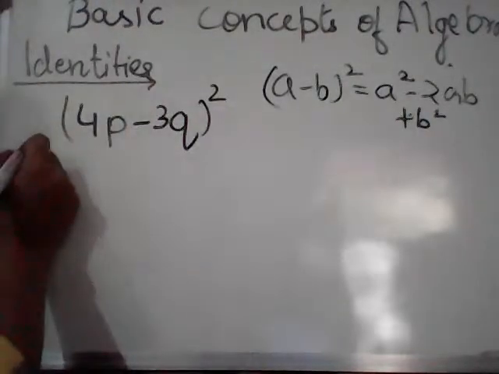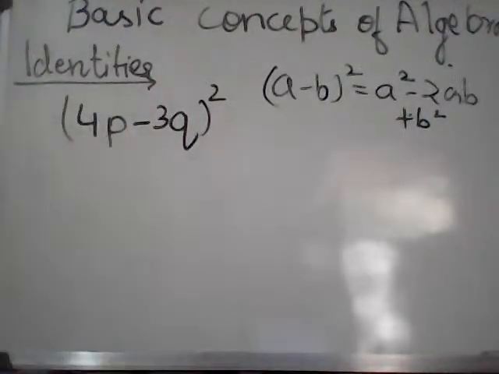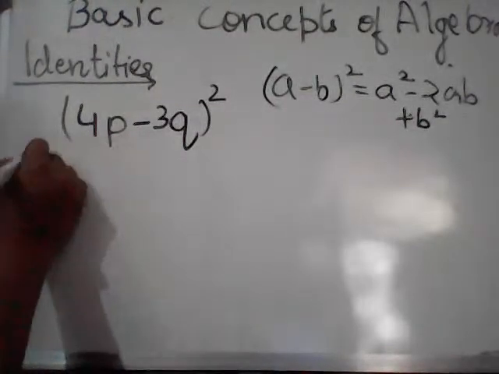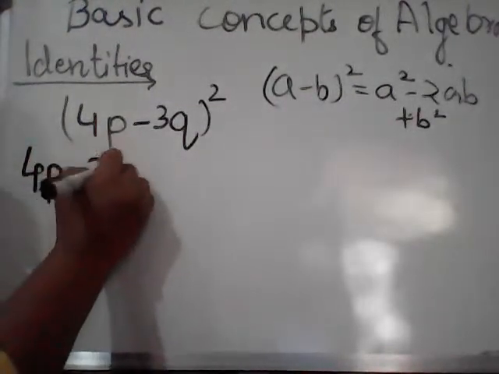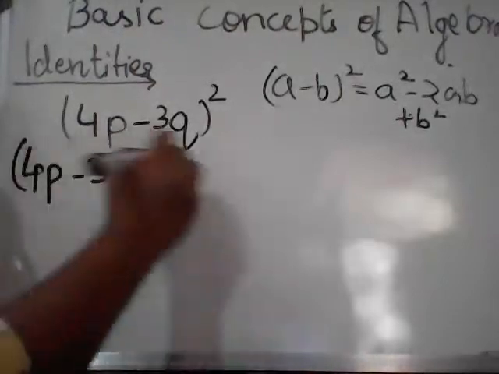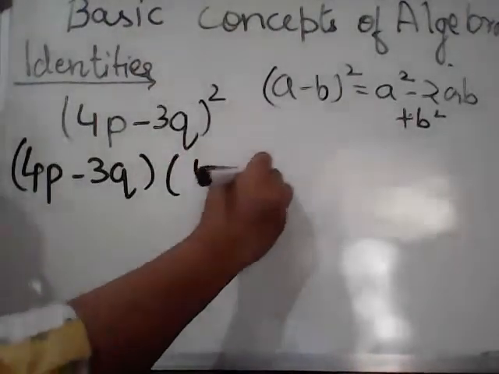Now, if we solve it normally, how will we do it? (4p minus 3q) into (4p minus 3q).